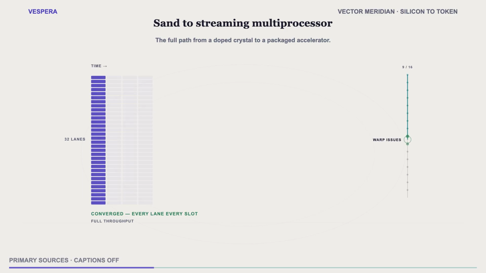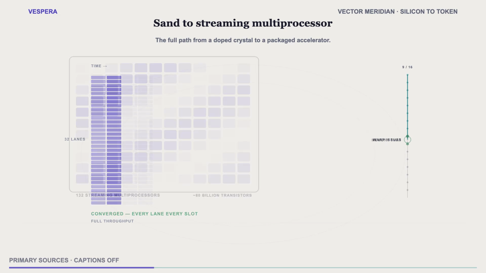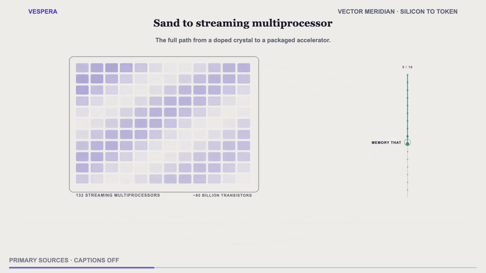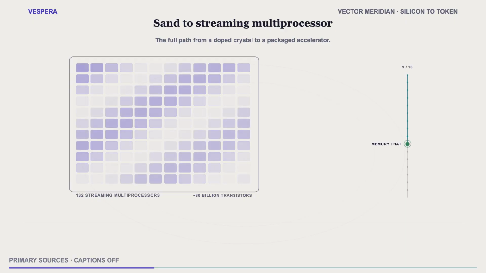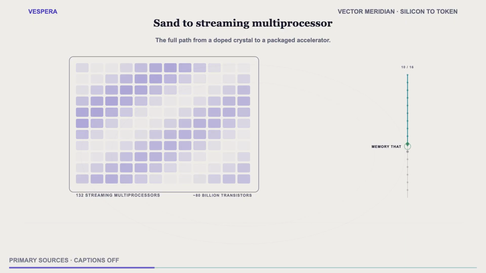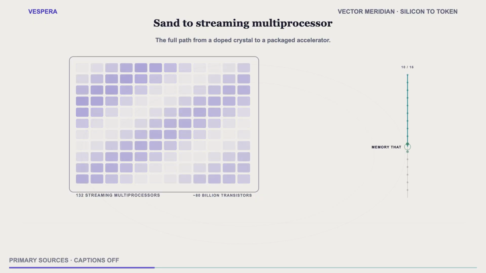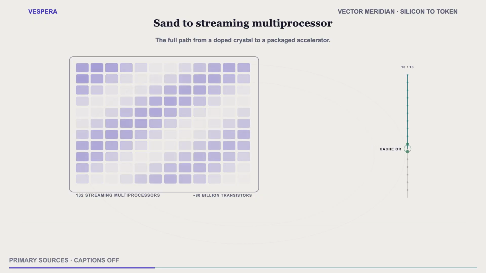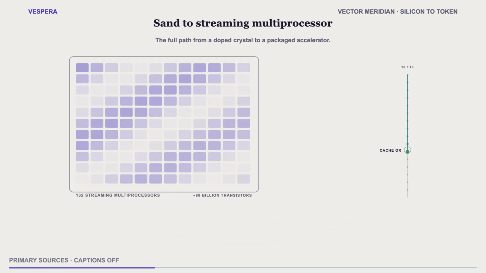Now trace one number all the way through, which is the trace this film promised. Sand becomes a silicon wafer. Doping and lithography make a transistor. Transistors make a NAND gate. Gates make an adder. Adders tile into a multiplier. A multiplier plus a register file and some control is a lane. 32 lanes moving in lockstep is a warp's worth of execution.